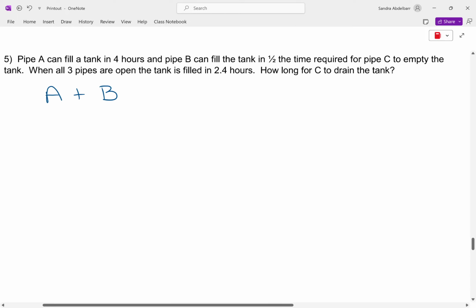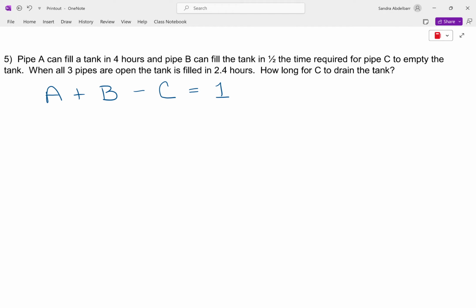All right, what's going on here? Do we agree that pipe A plus pipe B are working together to fill the tank, Sean? Yeah, exactly. So pipe A and pipe B are working together to fill the tank. What is pipe C doing? Emptying the tank. So we're not going to add C. What are we going to do?